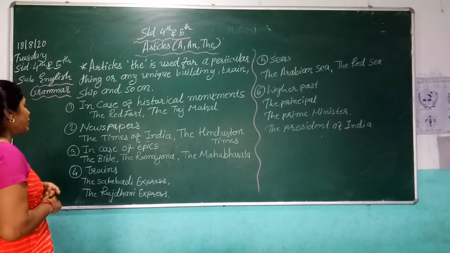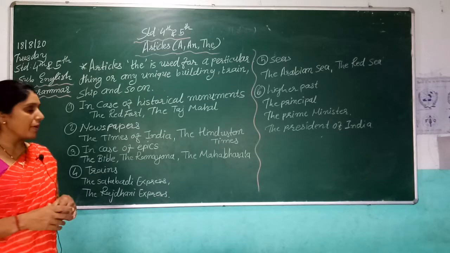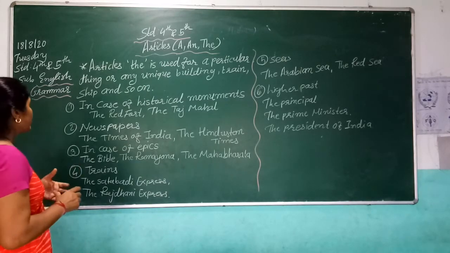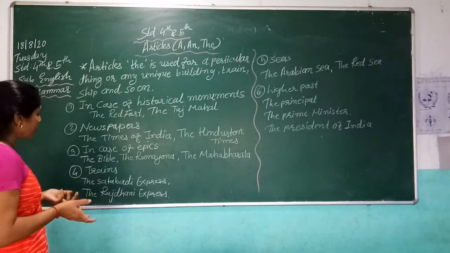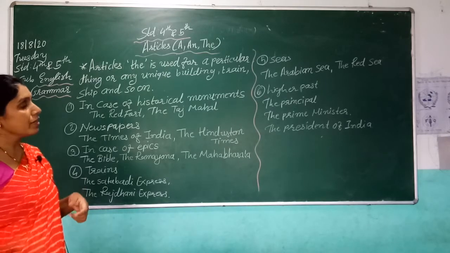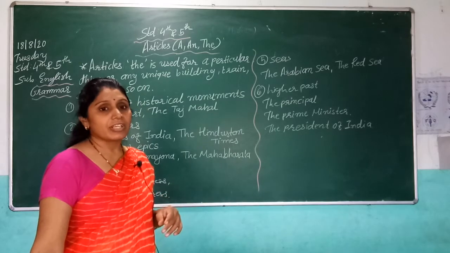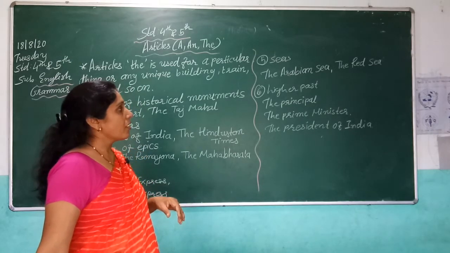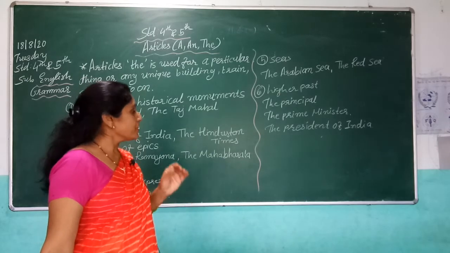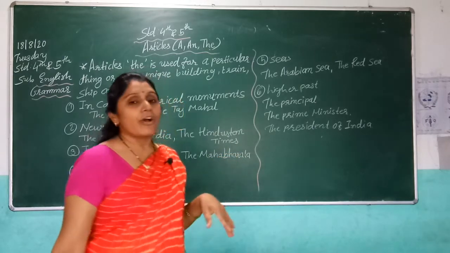If there is some epic, the Bible, the Ramayana, the Mahabharata. Then train names, the Shatabdi Express, the Rajdhani Express. Then some seas, the Arabian Sea, the Indian Ocean, the Red Sea. There is a higher post also, the principal, the prime minister, the president of India.